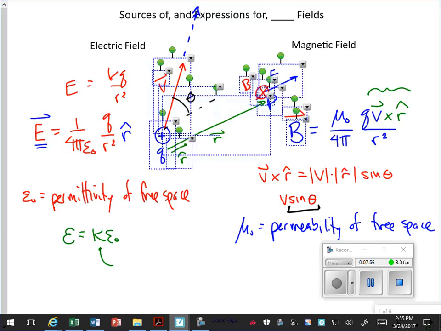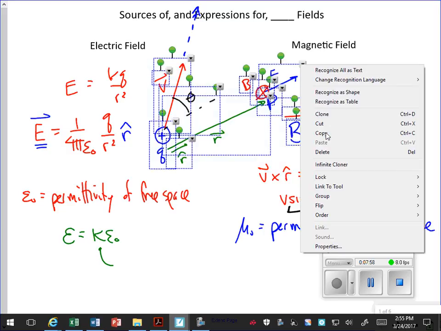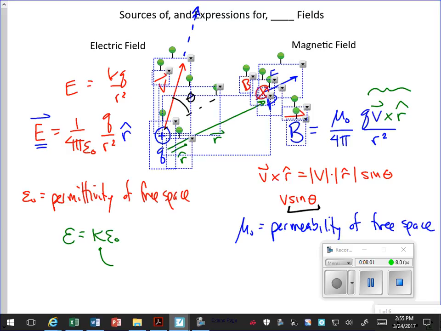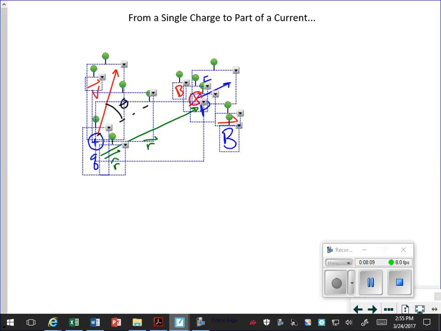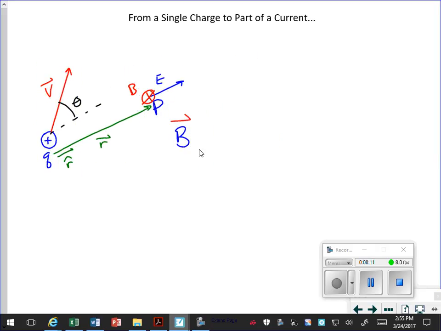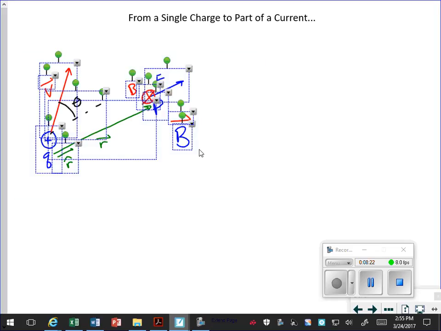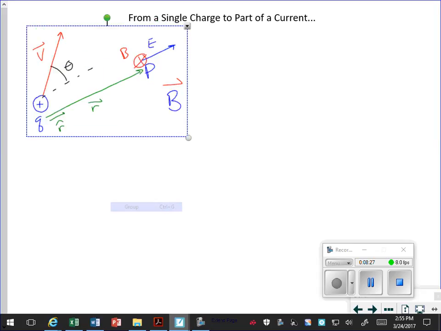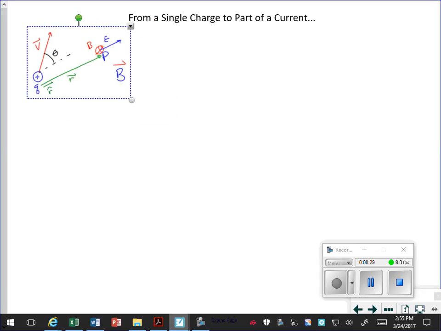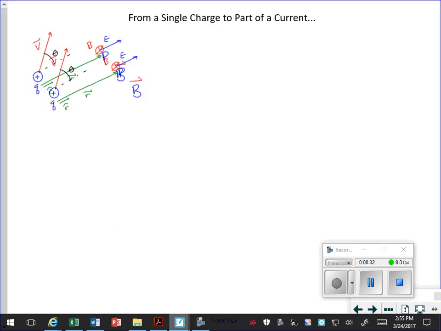Now, what I want to do is grab this. I'll make some modifications to it in a minute. Let me copy and go here. And let's transition from looking at a single point charge to part of a current. I'm going to group, shrink, and clone this.